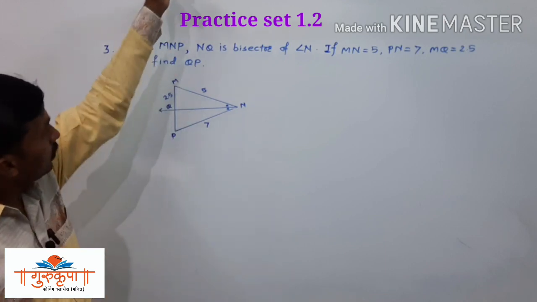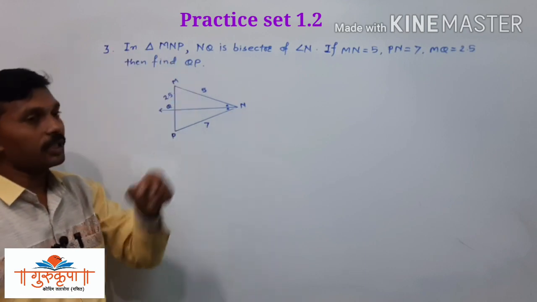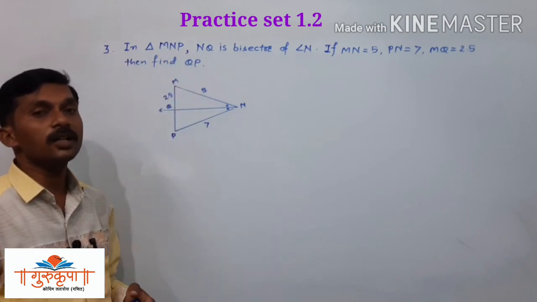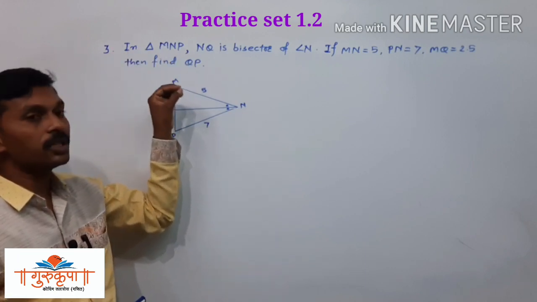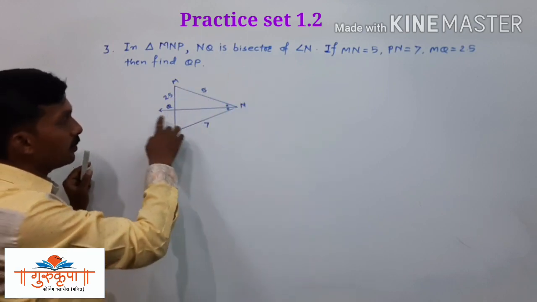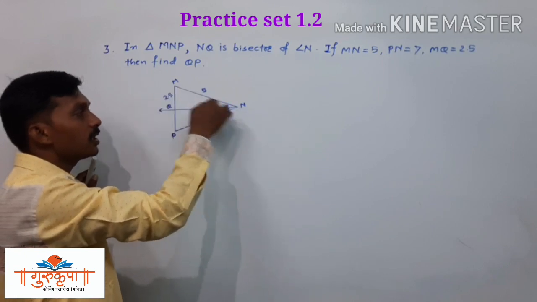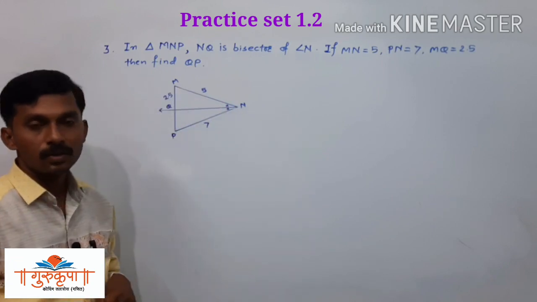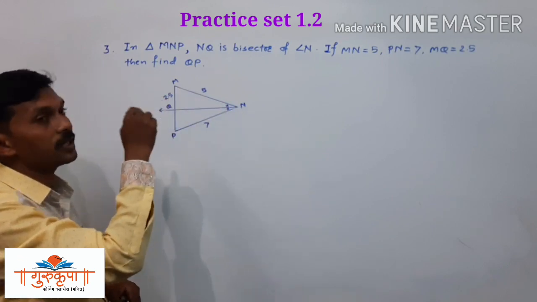Now if we read the question carefully, you can easily understand that we have to use the angle bisector property here. Since the given information is QN is the bisector of angle N, definitely we have to use the angle bisector property.